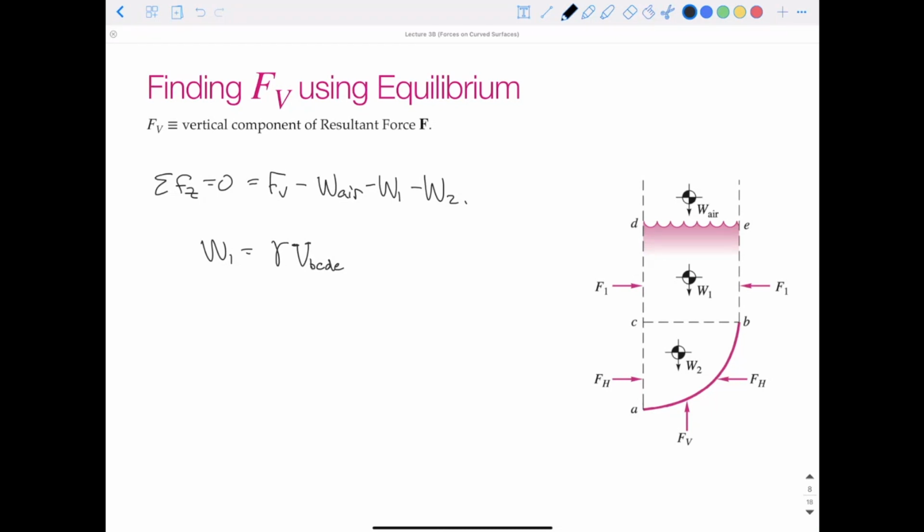So yeah, the weight of section 1 is just specific weight times the volume of section 1. We can just say gamma V1. The weight of section 2 is equal to gamma times the volume of section A, B, C. Or we'll just call it gamma times volume 2.